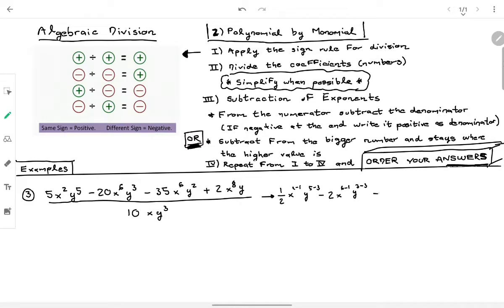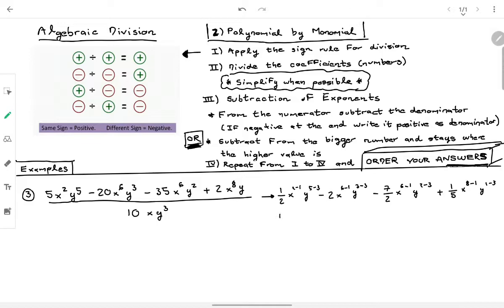Then it's going to be minus 35 over 10. We can divide it by 5, so it's going to be 7 halves. It's going to be x to the 6 minus 1, y to the 2 minus 3. Finally, we will have 2 over 10, that it's going to be 1/5 of x to the 8 minus 1, and y to the 1 minus 3. So in this case, we can continue doing it.